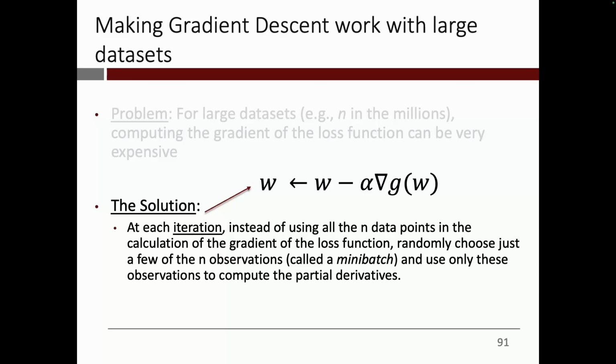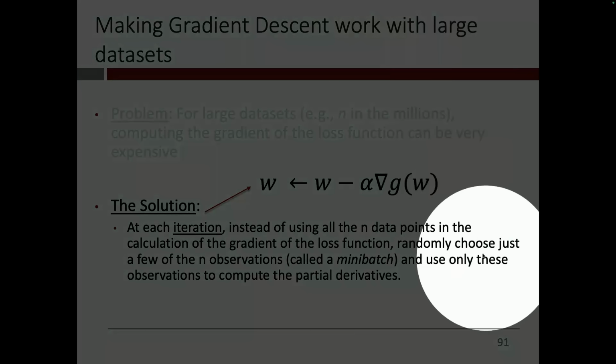So the solution is at each iteration, when I say iteration, I'm talking about this step of gradient descent. Instead of using all the data, instead of calculating the loss function by averaging the loss across all n data points, and then calculating the gradient of that thing, what you do is you just choose a small sample randomly.